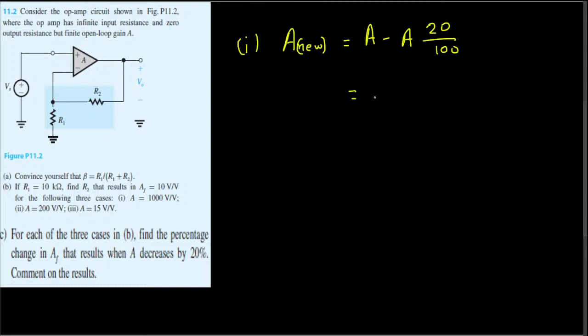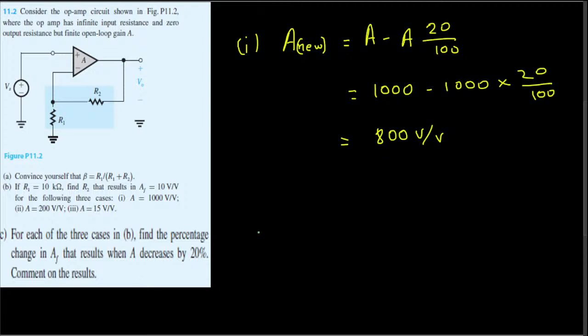Now plug the value: 1000 minus 1000 times 20 divided by 100. So we are going to have 200. So this is 1000 minus 200, that's going to be 800 voltage per voltage. This is going to be the new gain.